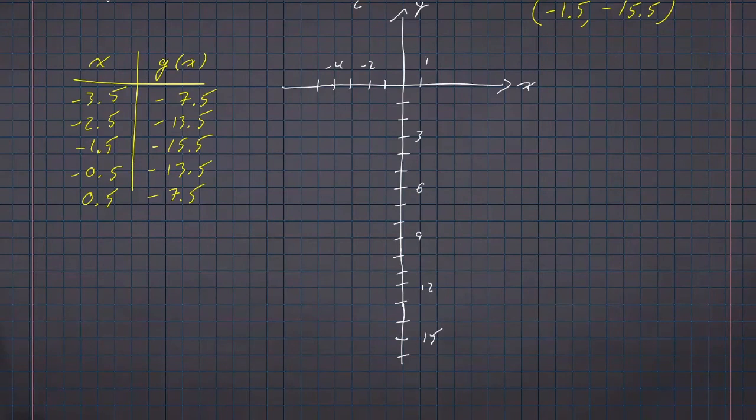And so we've got -3.5, -7.5, which is right about there.